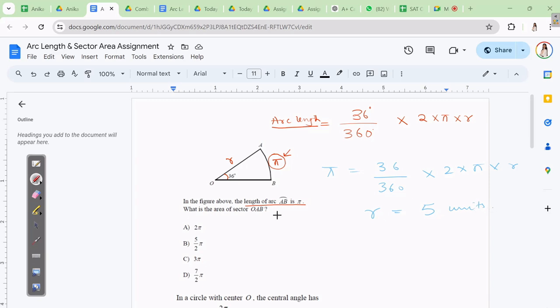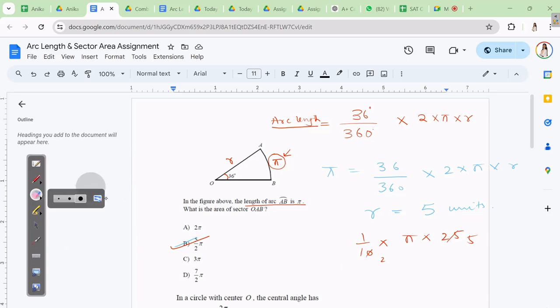So the answer would be B, I think. The area will be 36 over 360 times pi r square, pi r square, 25, so 5 times 5, 25. Yes, so the answer will be B.